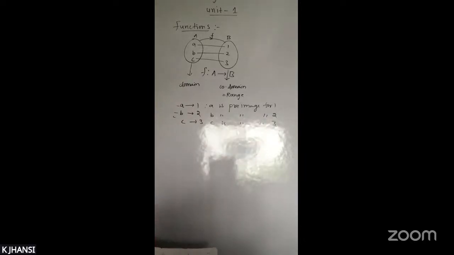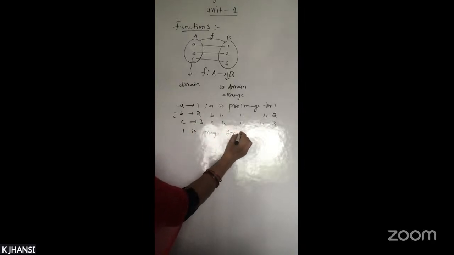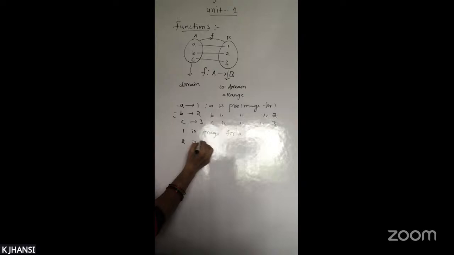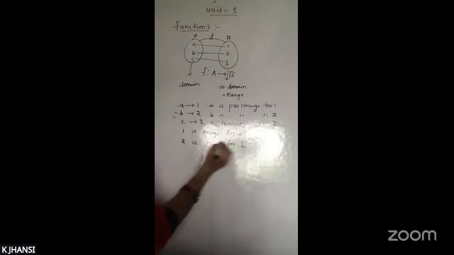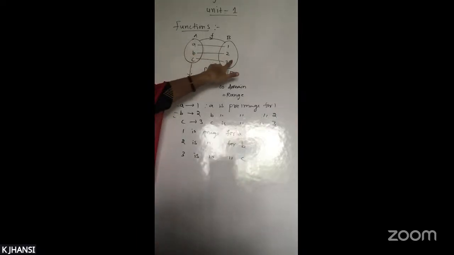And whatever elements are here, 1, 2, 3, these are called the images of A, B, C. So we write 1 is the image for A, 2 is the image for B, 3 is the image for C. So these are the pre-images of these, and these are the images of these elements.